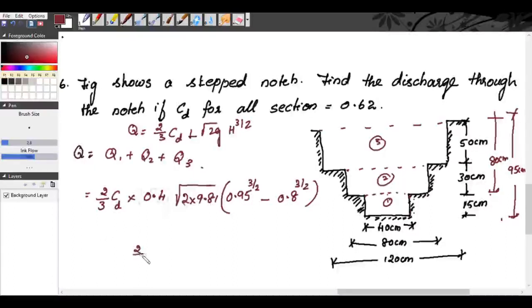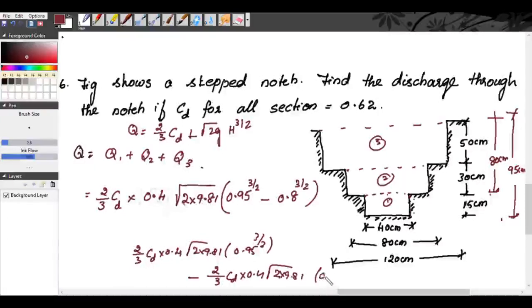Actually, it is 2 by 3 CD into 0.4 into root of 2 into 9.81 into 0.95 raised to 3 by 2 minus 2 by 3 CD into 0.4 into root of 2 into 9.81 into 0.8 raised to 3 by 2. So you can take the common things outside. That is why it is 0.95 raised to 3 by 2 minus 0.8 raised to 3 by 2. You cannot take 0.95 minus 0.8 the whole raised to 3 by 2. You cannot take it like that.